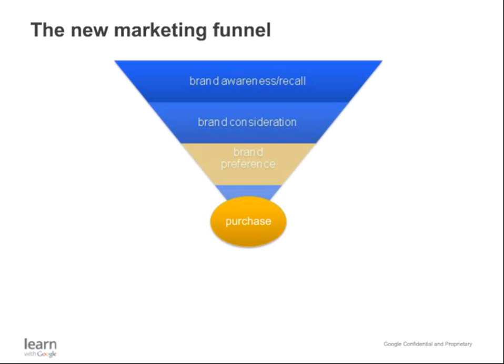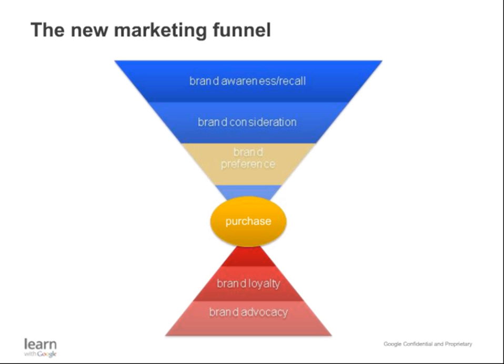But what I want to talk about now is the post-purchase elements of the new marketing funnel. What I mean by that are things like brand loyalty and brand advocacy. I'm going to go into these in a little more detail towards the back end of the presentation when we start talking about sample executions, but I wanted to introduce it now within the why-use-remarketing piece.